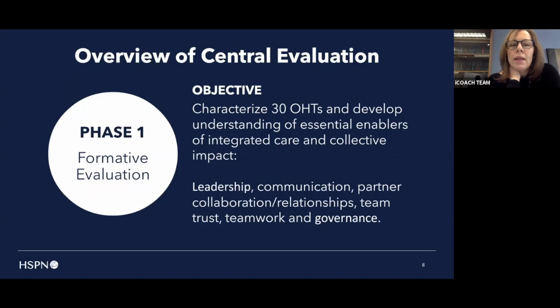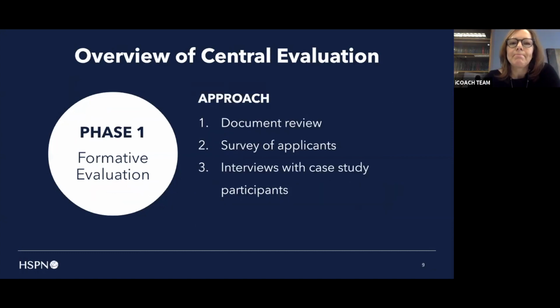The objective is to characterize the 30 OHTs to have a better understanding of the essential ingredients for integrated care and to have a collective impact. Specifically, we're looking at leadership, communication, partnerships, collaboration, relationships, trust, teamwork, and also some governance. Next slide.